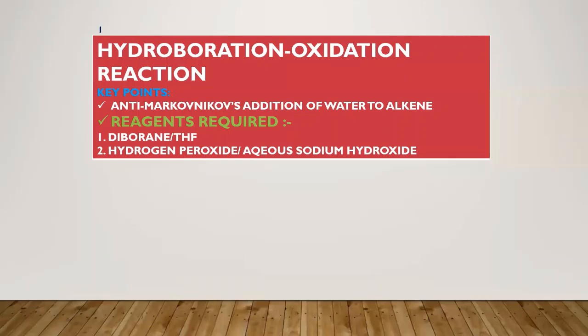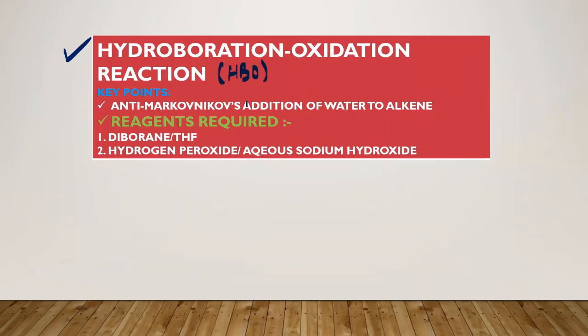Dear students, let us understand now the second method of preparation of alcohols by hydroboration oxidation reaction. We can represent it as HBO, hydroboration oxidation. Here, my dear friends, you have to add the water.